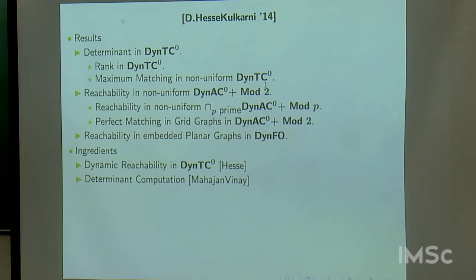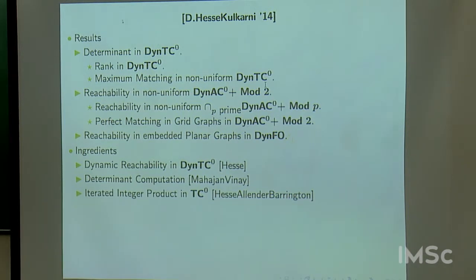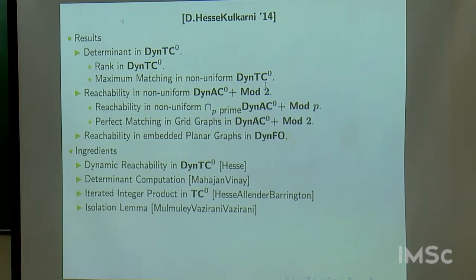Another one is the determinant computation by Mahajan and Vinay, and a third component is that iterated integer product is in TC0. This is a well-known paper by Hesse, Allender, Barrington. All three of the papers are quite well known. Of course, the isolation lemma of Mulmuley, Vazirani. And this is something we introduced, truncated approximation of rational polynomials.